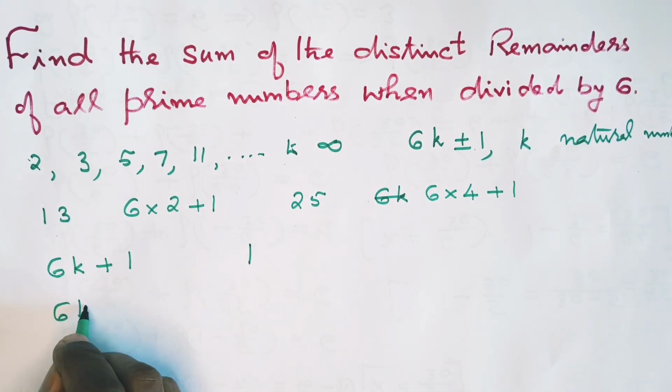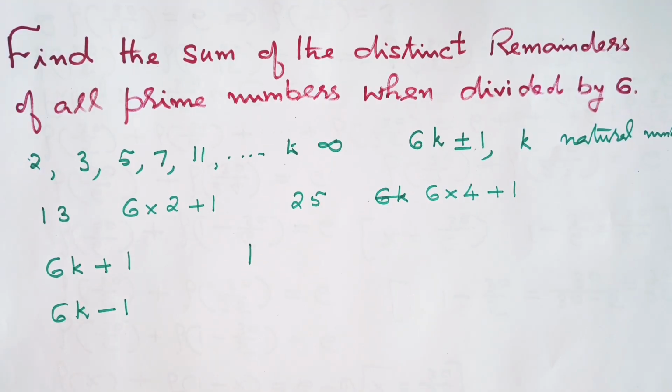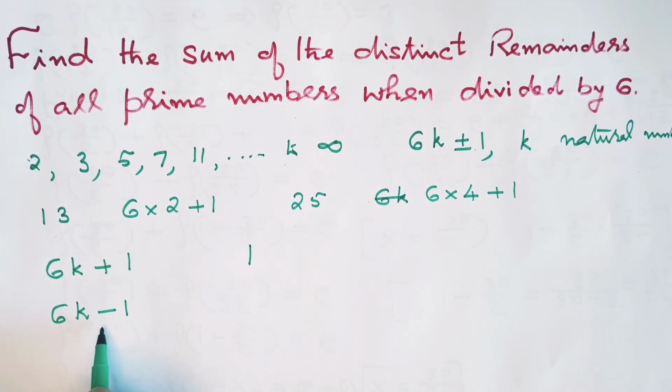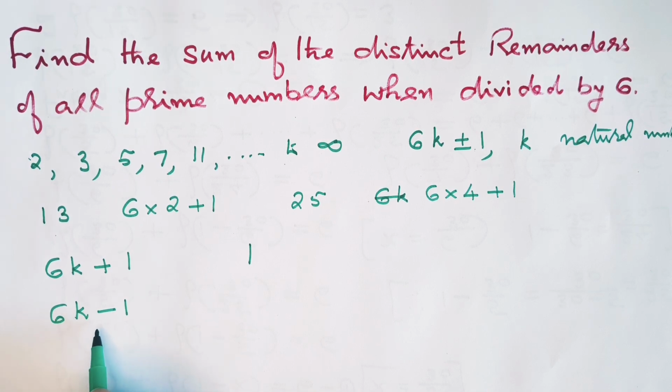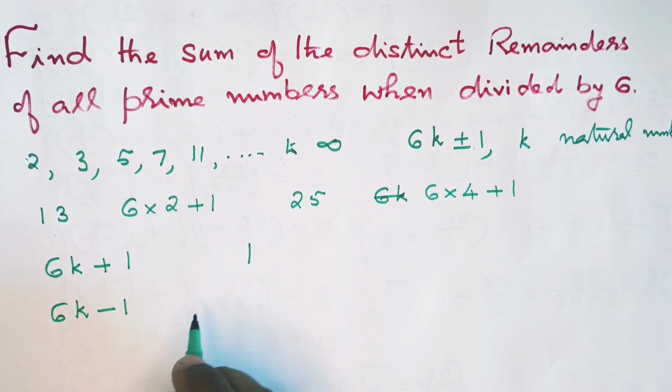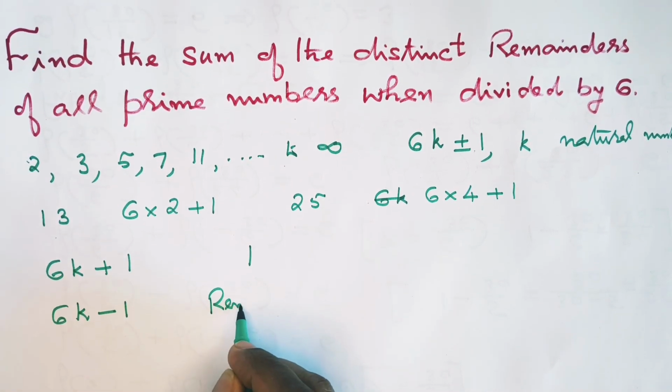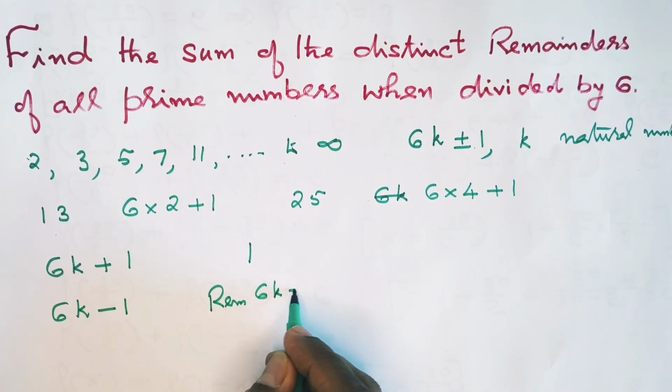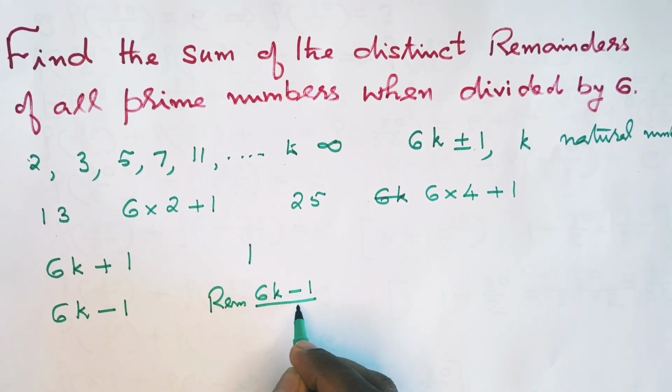Now, look at a prime number expressible in the form 6k minus 1. What would be the remainder of prime numbers expressible in this form? If you take a number like this, say generally this is the way we write the remainder of 6k minus 1 when divided by 6.